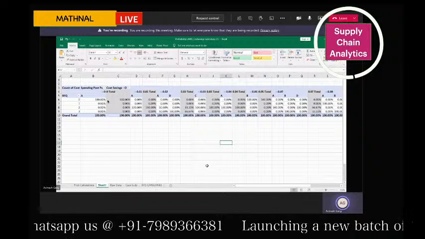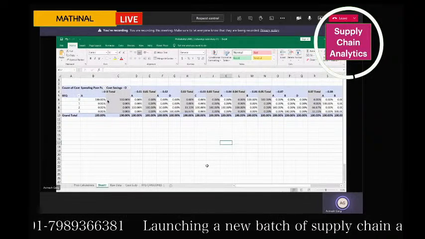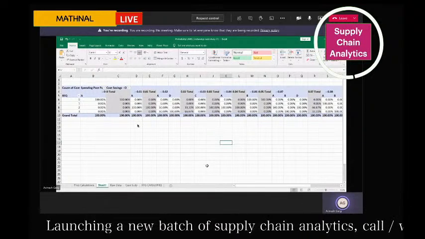Should we take row total, grand total, or column total? No, we have to take row total here.